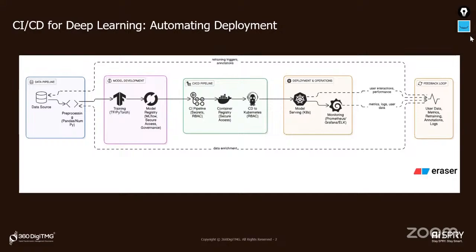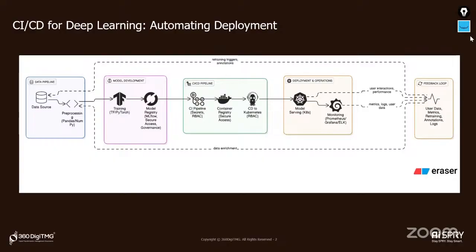This ensures automated, repeatable and reliable production deployment. So CI builds the Docker image, and the CD component deploys the images generated by CI into Kubernetes clusters.